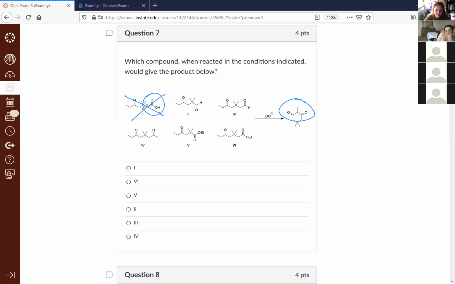Now, the other thing that you can notice is the remaining 5 options can be put into 2 categories. We have compounds that contain esters, and then the other 3 have only aldehydes and ketones. So if we were to do a reaction between an enolate and an aldehyde or a ketone, would we end up with a carbonyl in our product?